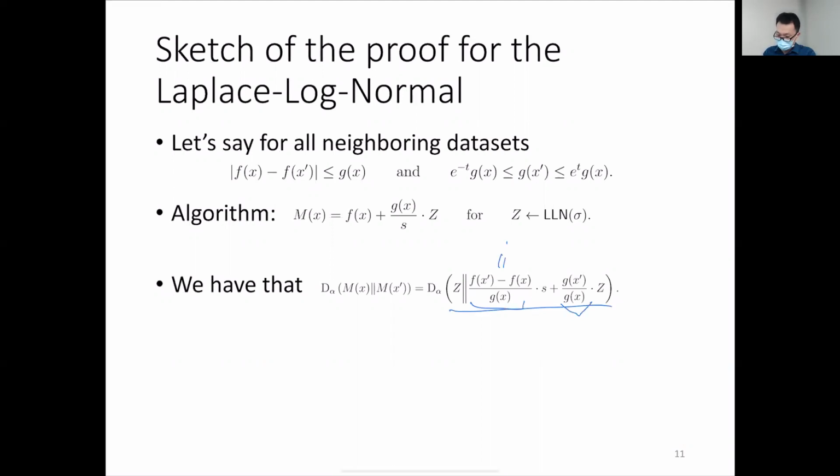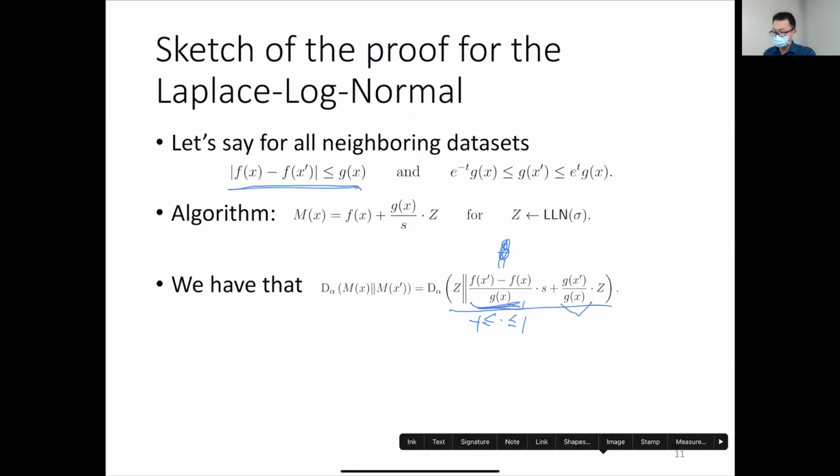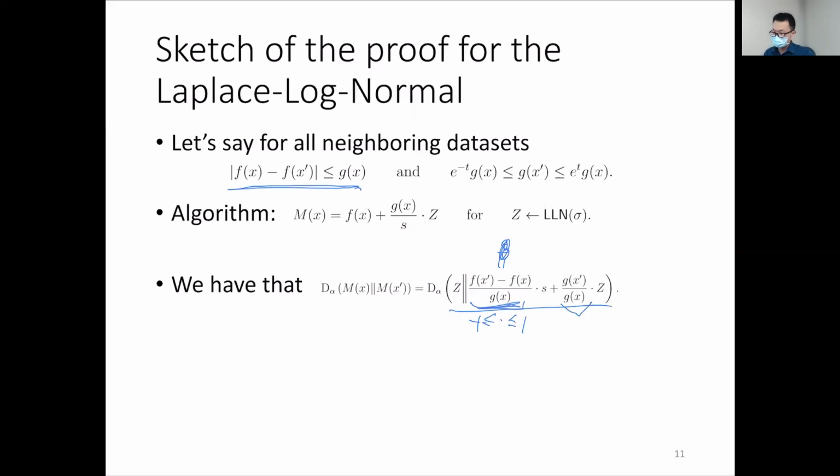I guess let's call this S. By the way, by the definition of x and x' being neighboring data sets, the fact that g(x) is the upper bound of the local sensitivity ensures that the difference over g is bounded between -1 and 1, right? So multiplying with S, the whole thing is bounded between -S and S.